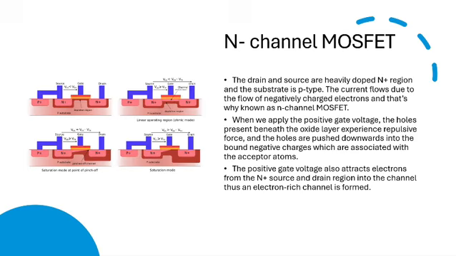When we apply a positive gate voltage, the holes present beneath the oxide layer experience a repulsive force and are pushed down into the substrate. Negative charges are associated with the acceptor atoms. The positive gate voltage also attracts electrons from the N-plus source and drain regions into the N channel. Thus, an electron-rich channel is formed.